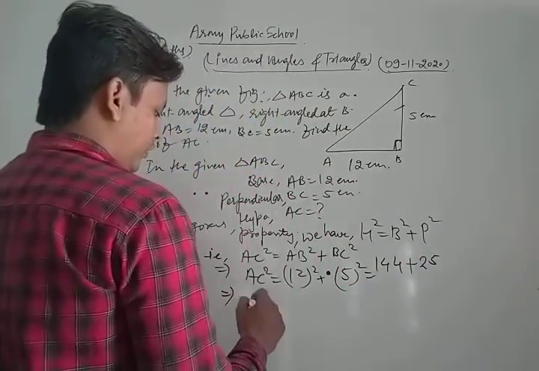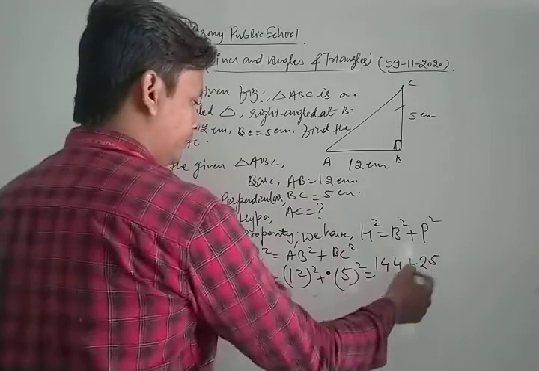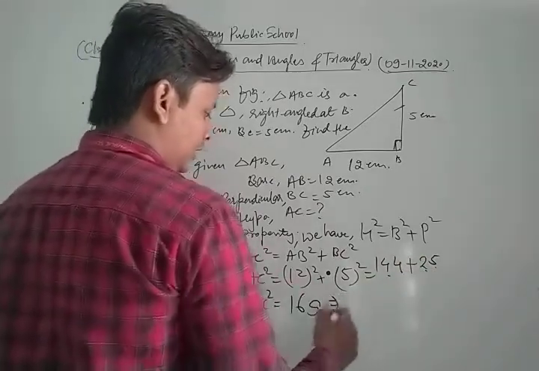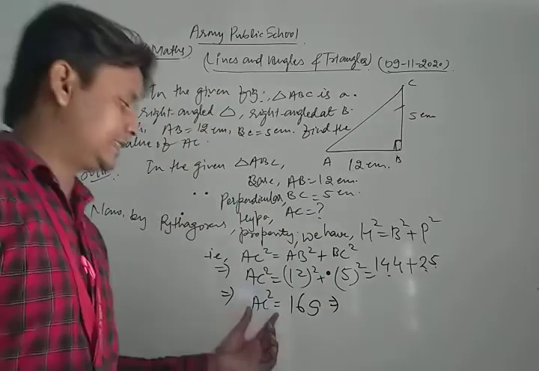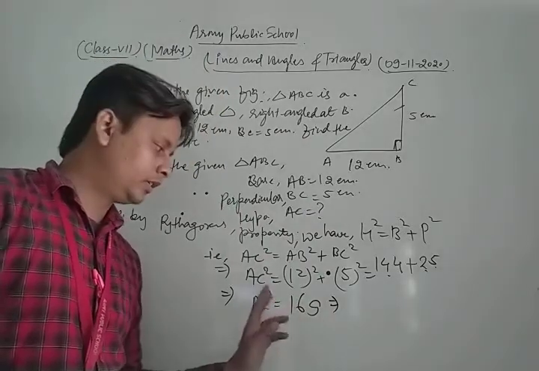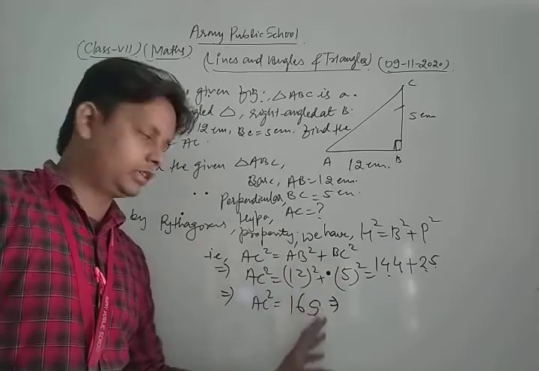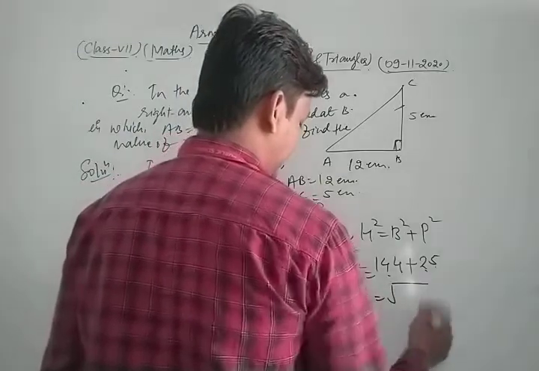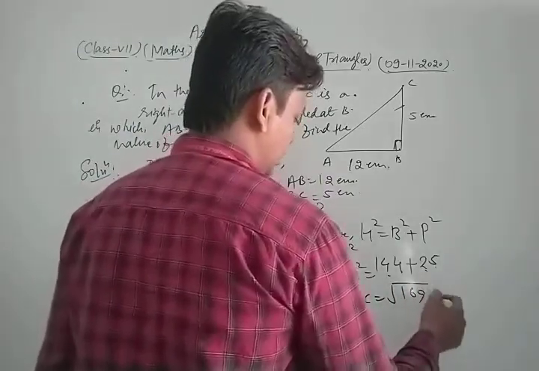Thus the value of AC square is equal to 169. Thus if we write AC, then on that side this is the square root, because of splitting the square, we write the square root. So we can write AC equals under root 169.